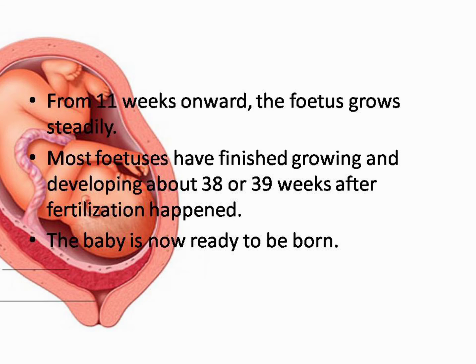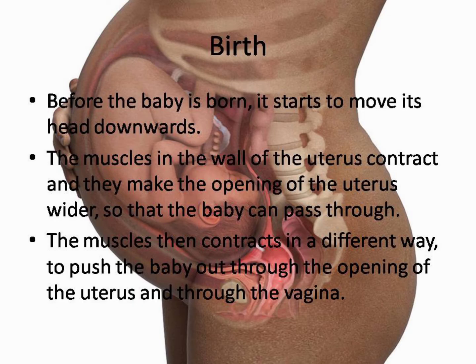Most fetuses have finished growing and developing about 38 or 39 weeks after fertilization happened, and the baby is now ready to be born. Birth. Before the baby is born, it starts to move its head downwards.